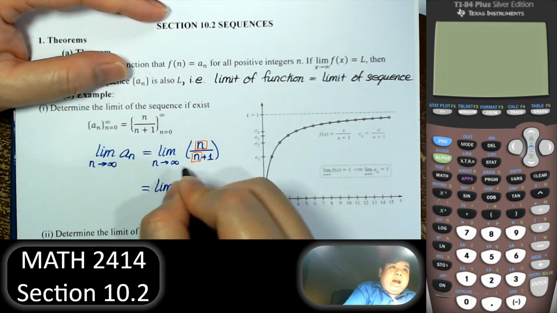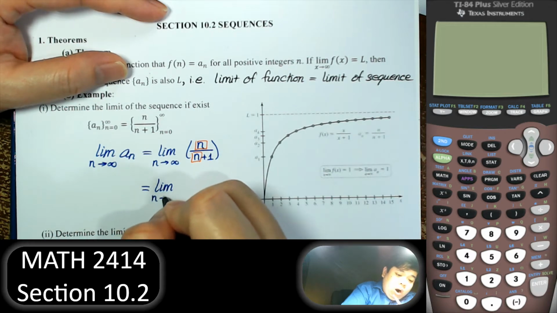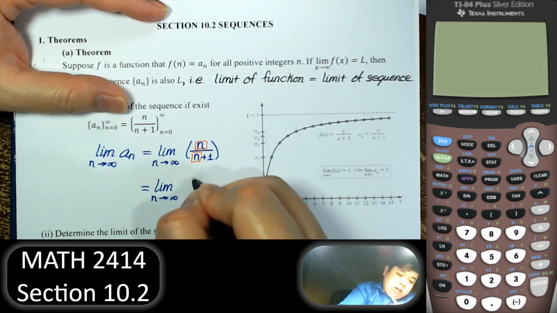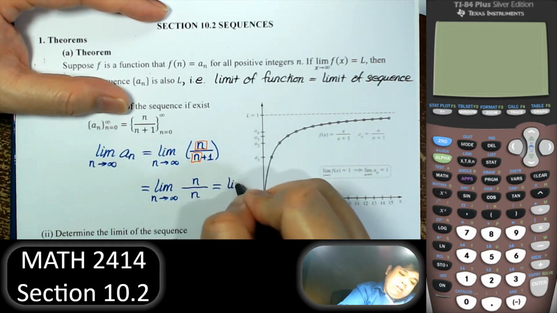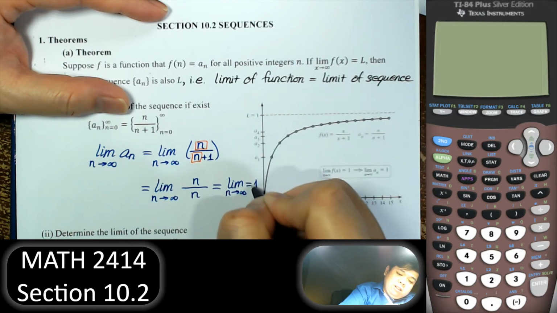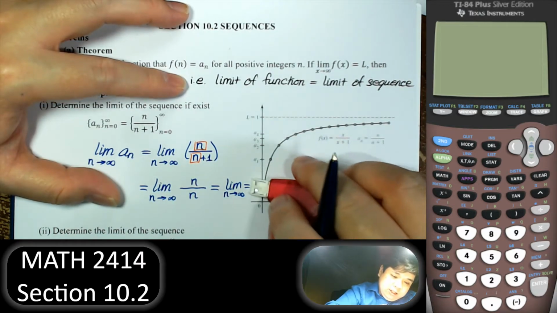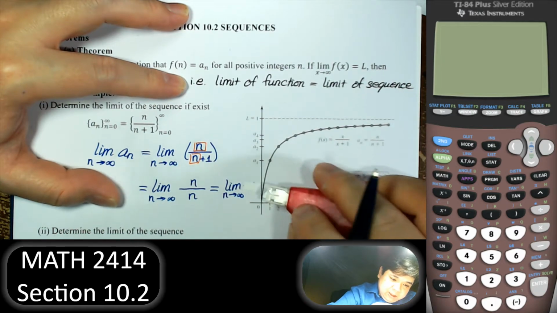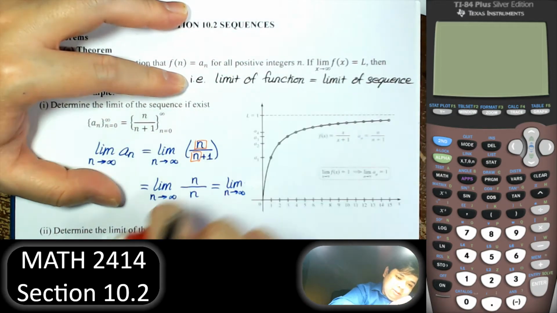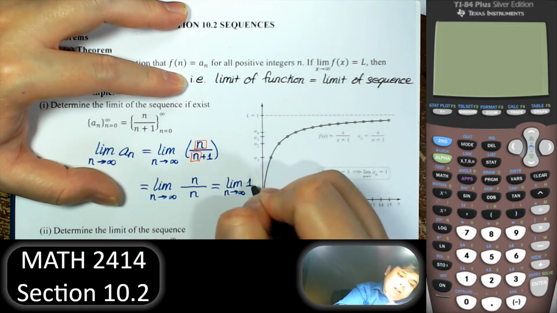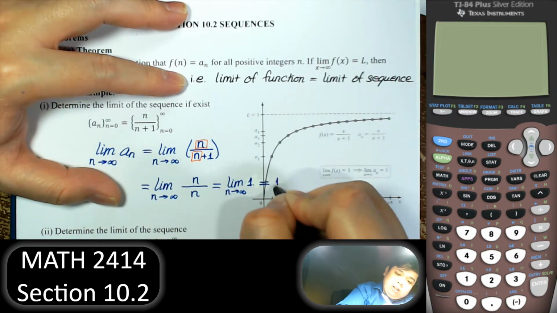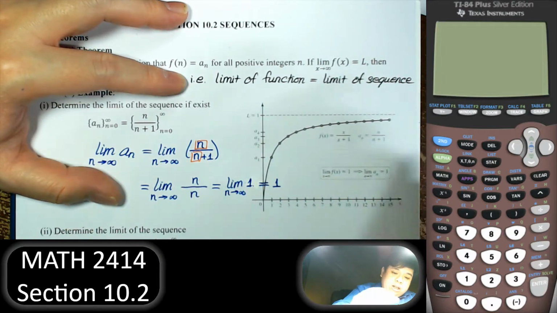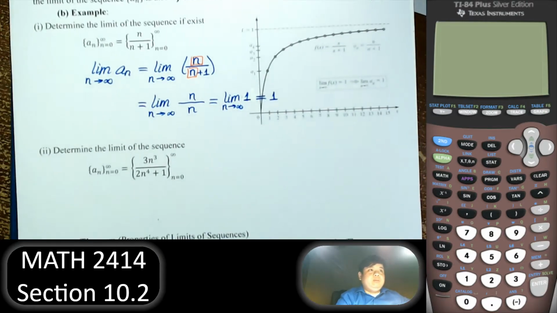Comparing n and 1, the 1 is negligible as n goes to infinity, and that equals 1. Or we could even write the limit of 1 equals 1, because there's no place to put in n. That's simple enough.